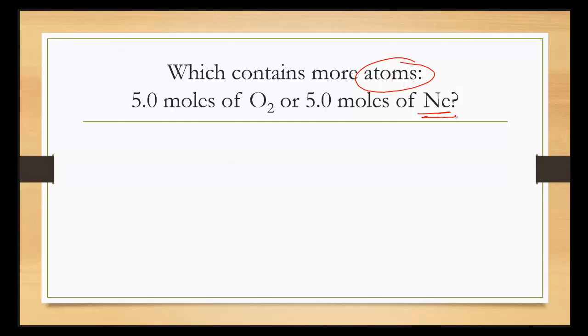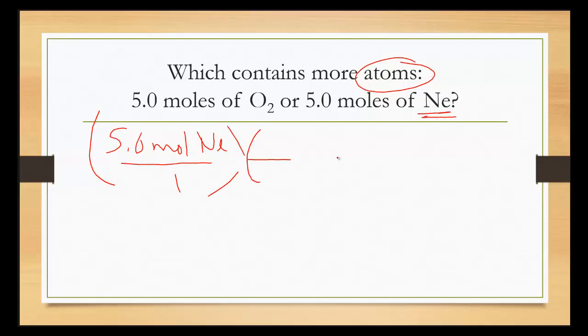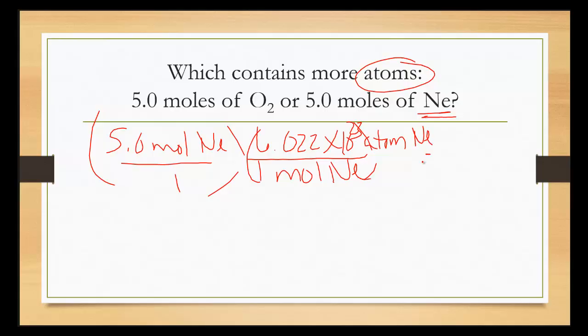So 5.0 moles of neon over 1. In 1 mole of neon, there's 6.022 times 10 to the 23rd atoms of neon. Multiply that out, and it comes out to be 3.0 times 10 to the 24th. That's no different than what we've done so far.